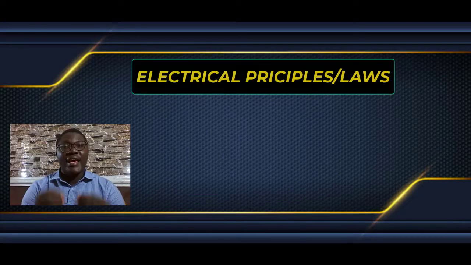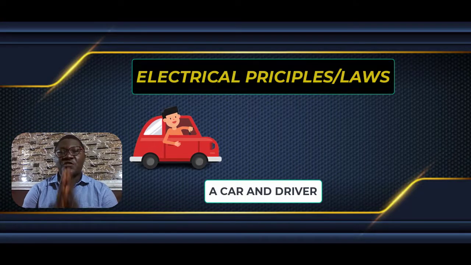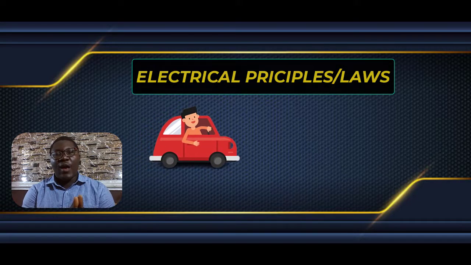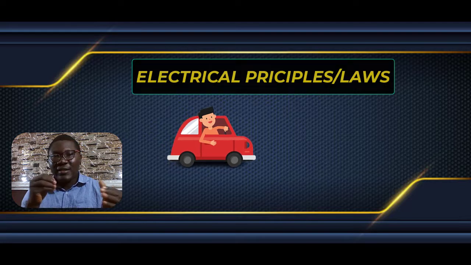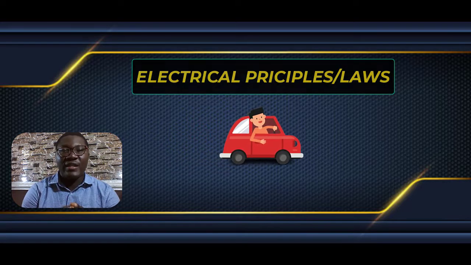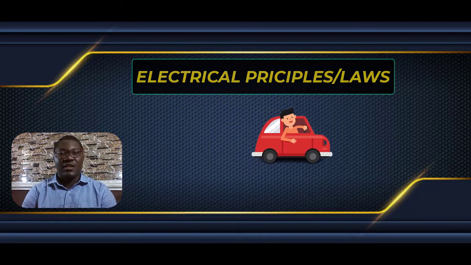Now let's come on. Let us explain this law with a very simple illustration. And how are we going to do this? We are going to use a car and a driver and explain how this law actually keys into the movement of electric currents in an electrical circuit.